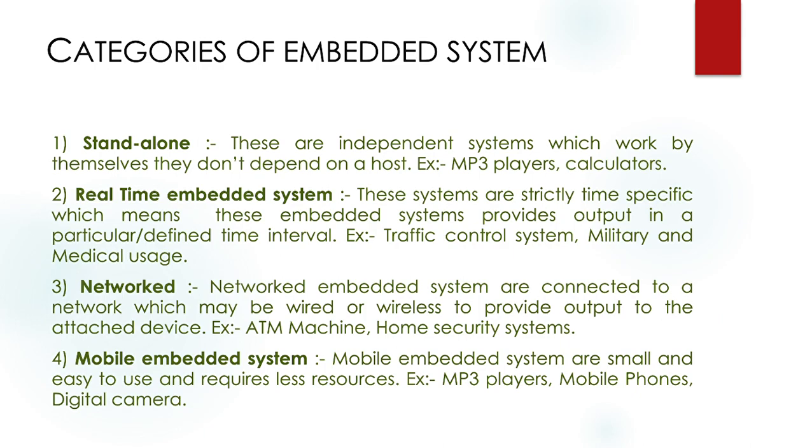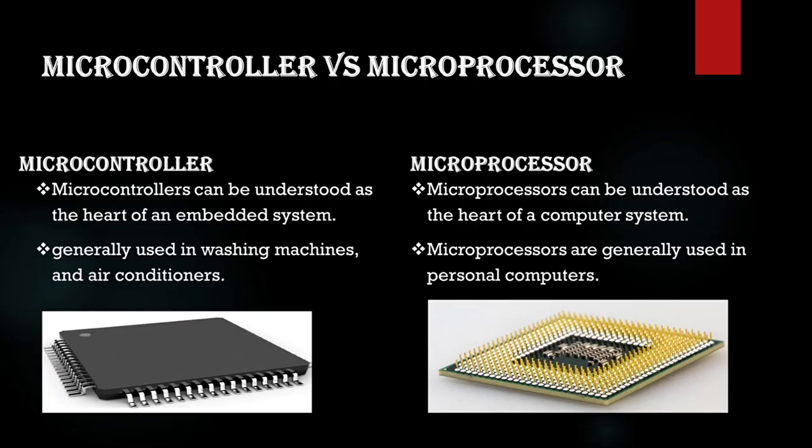We have many applications of embedded systems like washing machine, microwave oven, small earbuds and many things. Then there are categories of embedded systems. For example, there are standalone embedded systems, real-time, networked and mobile embedded systems.